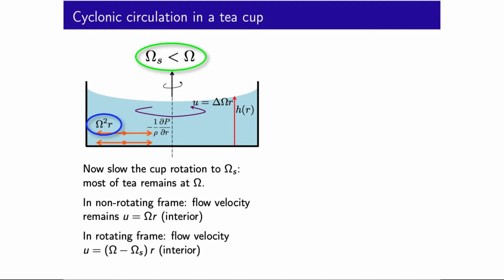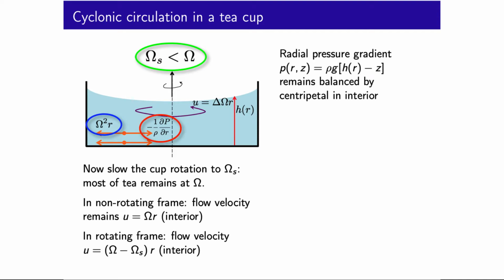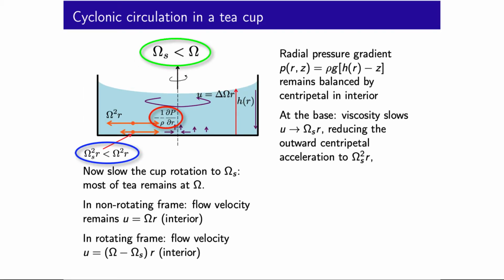The centripetal acceleration experienced by the tea in the interior remains balanced by the radial pressure gradient. However, at the base, next to the bottom boundary, in the viscous boundary layer, the velocity of the tea has slowed to u equals omega s r, reducing the outward centripetal acceleration it experiences to omega s squared r.